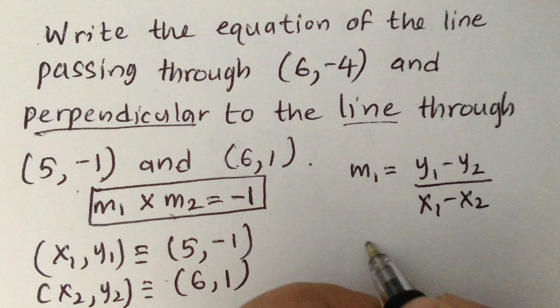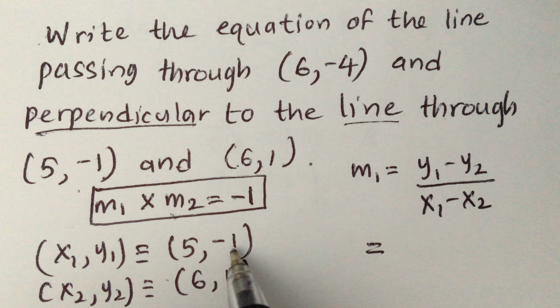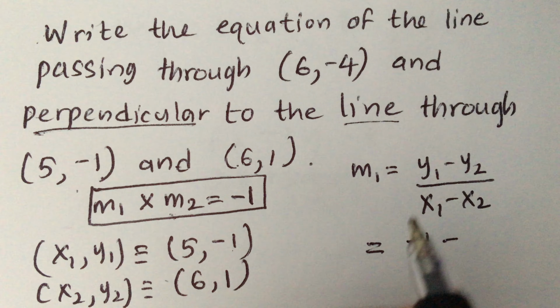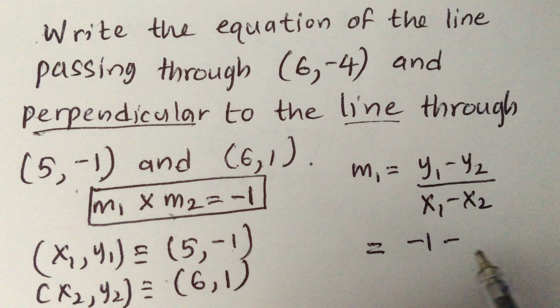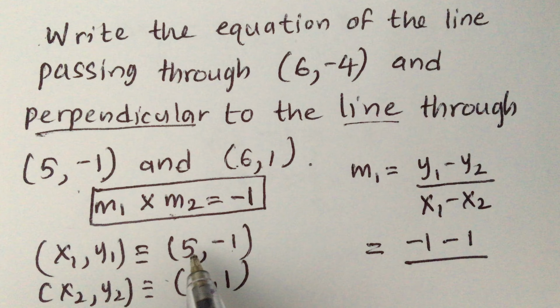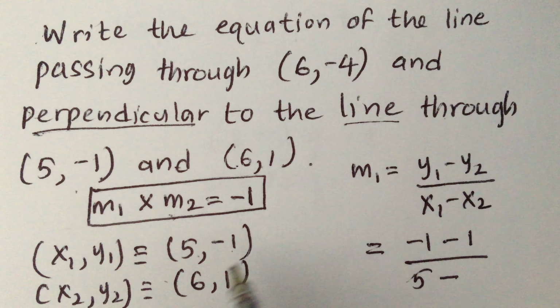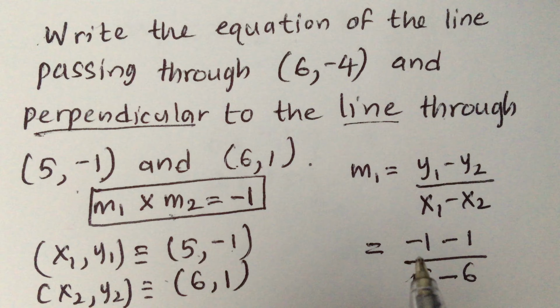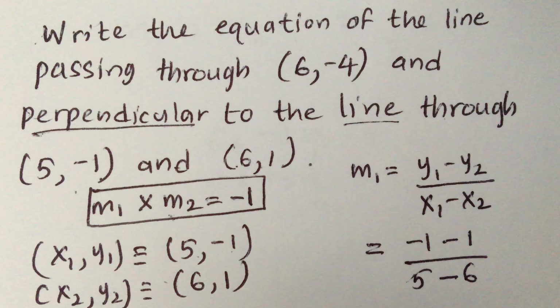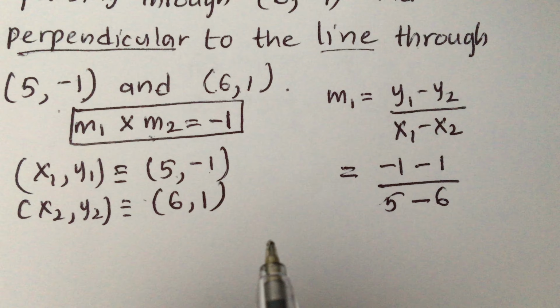So then how do you find the slope? My y1 is -1 minus my y2 which is 1, divided by my x1 which is 5 minus x2 which is 6. So then you have to simplify this one.